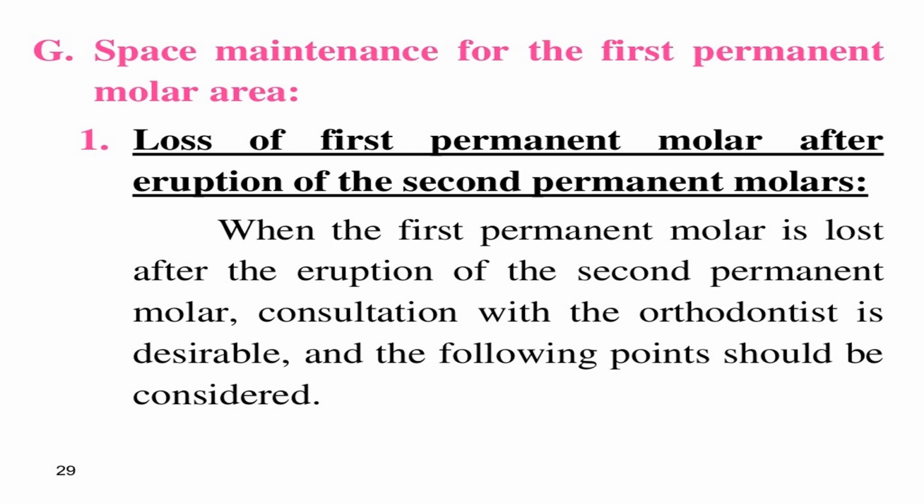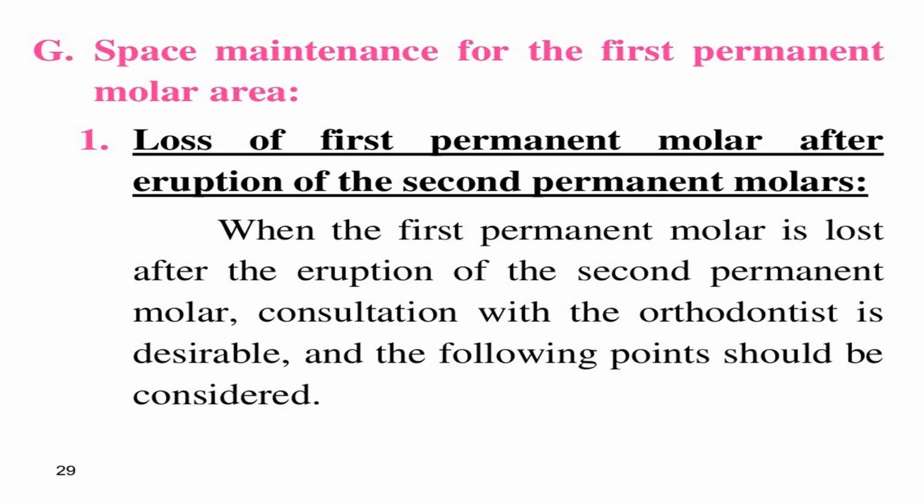1. Loss of first permanent molar after eruption of the second permanent molars. When the first permanent molar is lost after the eruption of the second permanent molar, consultation with the orthodontist is desirable, and the following points should be considered. Is the child in need of corrective treatment other than in the first permanent molar area?